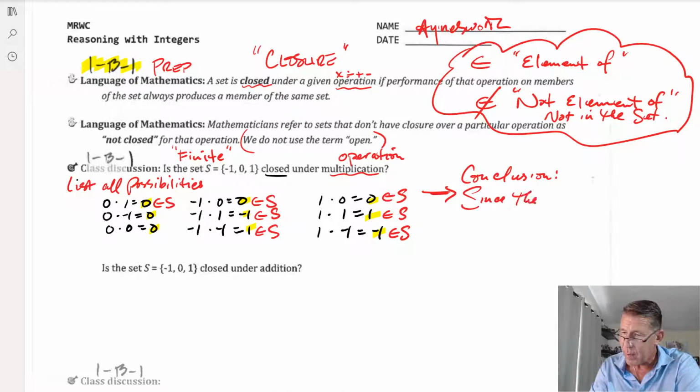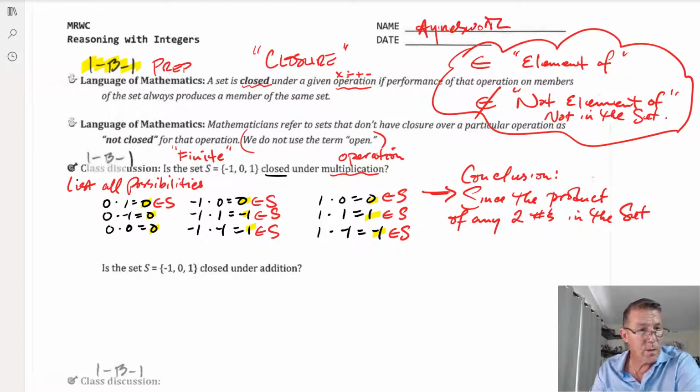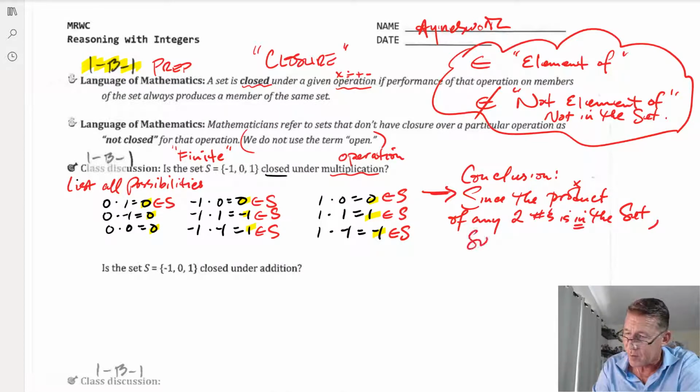Since the product of any two numbers in the set is in the set, that means you multiply them together, of any two numbers is in the set, comma, set S is closed under multiplication.